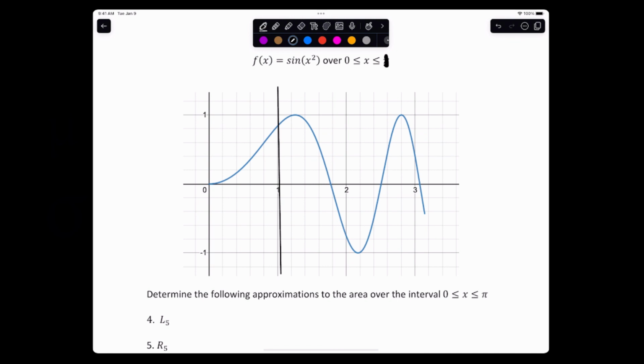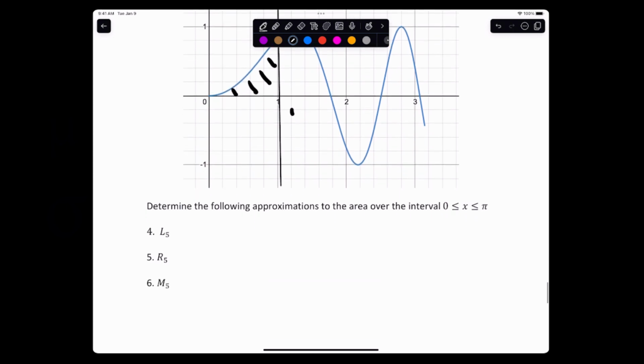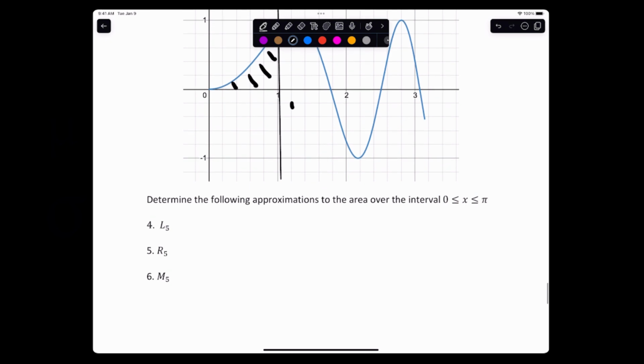So here's where 1 is. We can find the area under that curve from 0 to 1, and I'm going to change the partitions on you. Well, we can do 5 partitions, but delta x will be the same. Sometimes let's do like 10 partitions, right?